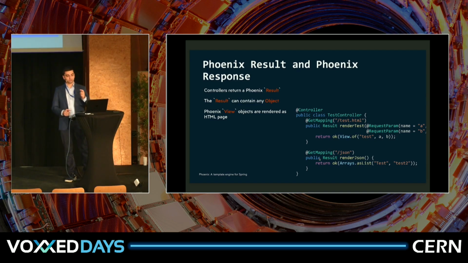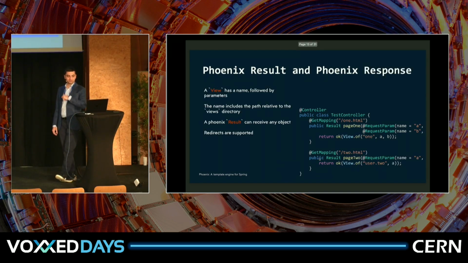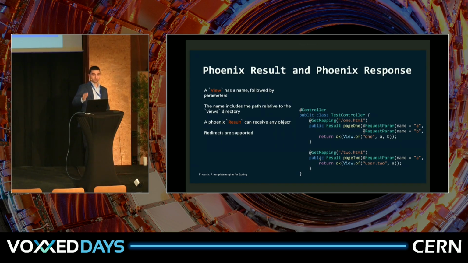However, there is also a Phoenix view, and a Phoenix view is the template that returns the HTML part. If you return a Phoenix view, which is defined by the name followed by input parameters, the client will receive the HTML page which it can render. The browser already knows how to render HTML pages. And the view is easily defined. You have a name, and if it's part of a subdirectory, you append the directory as well.